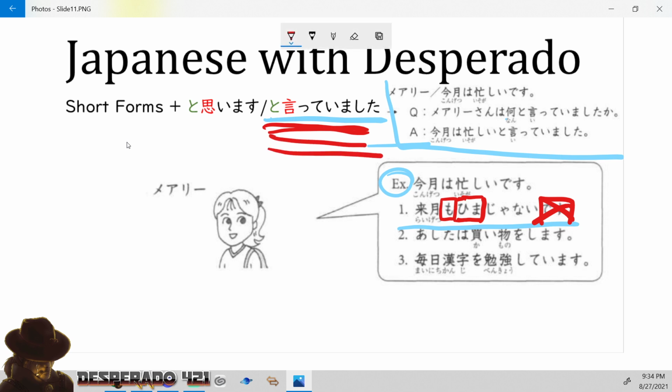To itemashita. Iteimashita. One more time. と言っていました。Yeah. メリーさんはもういや今じゃないと言っていました。 Very good. Fantastic.